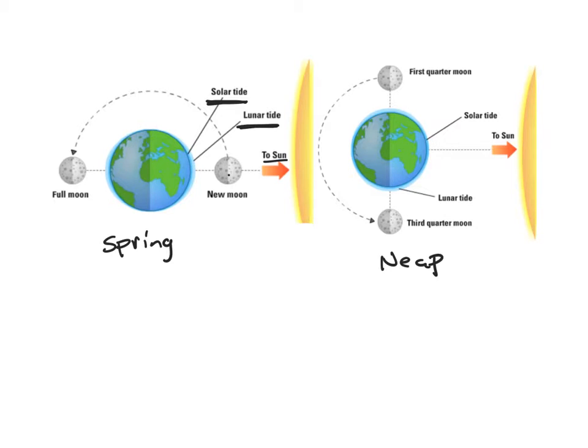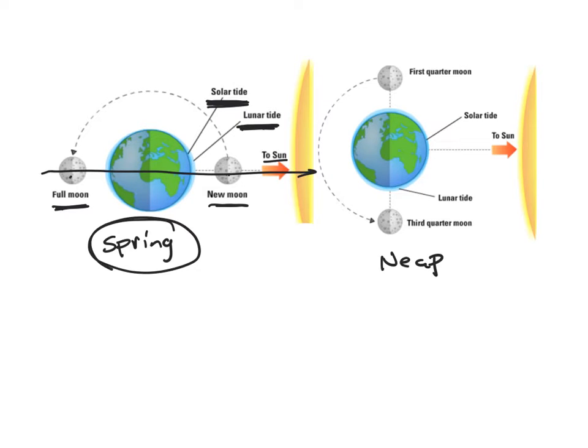In a spring tide scenario, when we have a new moon or a full moon, notice how the moon is lined up with the sun and the earth. So we form this solid line that goes through all three objects. In this case, that means that the lunar tide is being added to the solar tide, so we have a pronounced, a larger tide, and that's what these spring tides are going to be.